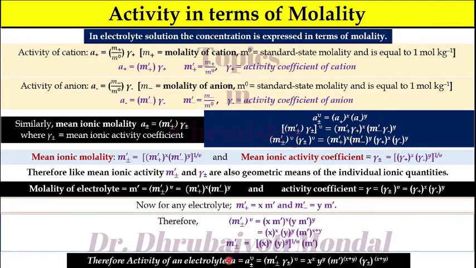So that is the relationship of activity and molality of an electrolyte. And again, you can notice here that the activity of an electrolyte depends on the number of cations, number of anions, and mean activity coefficient of the electrolyte.